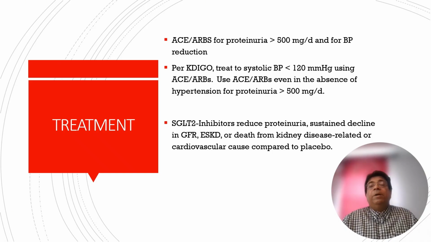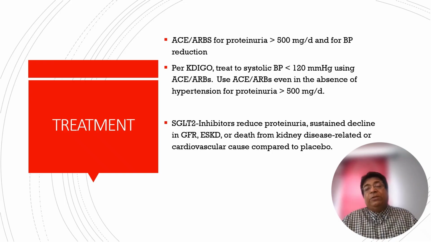Although per KDIGO, you should treat to systolic blood pressure of less than 120 millimeters of mercury using ACEs and ARBs, and then use ACE-ARBs even in the absence of hypertension for proteinuria greater than 500 milligrams per day. SGLT2 inhibitors reduce proteinuria, sustain the decline in GFR, end-stage renal disease, or death from kidney disease-related or cardiovascular cause compared to placebo. So SGLT2 inhibitors should be used.